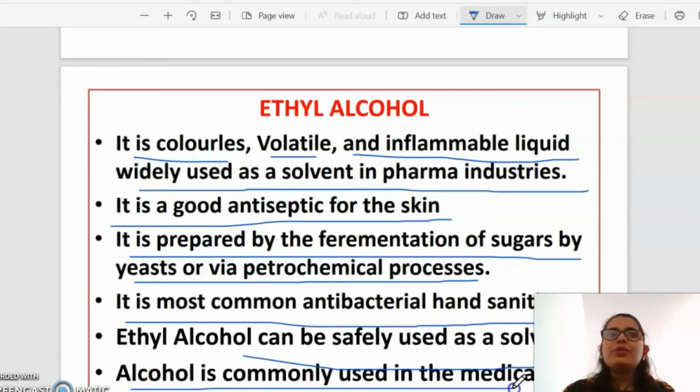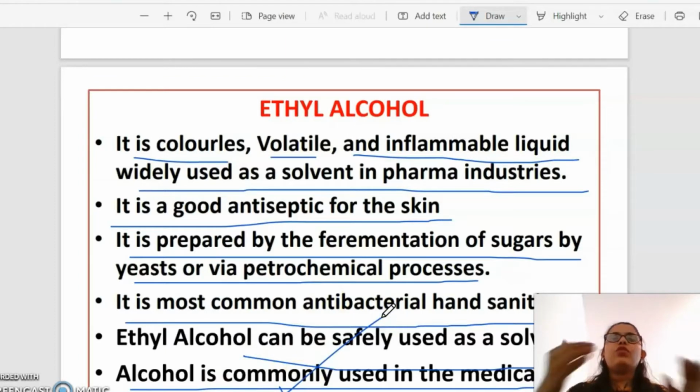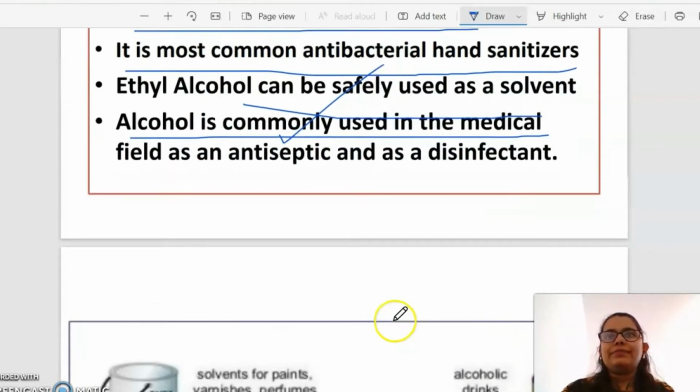Alcohol is commonly used in the medical field as an antiseptic as well as a disinfectant. Antiseptic means it can kill live microorganisms, and disinfectant means it is used for cleaning purposes, and that is the main difference. Antiseptic you can use for the skin or living tissue, and disinfectant you can use for cleaning and wiping floors as well.